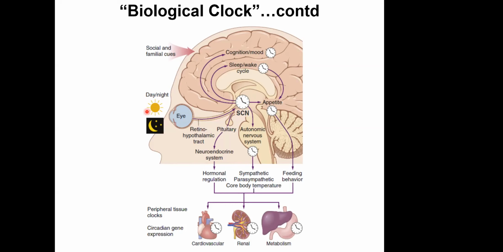So, as you can imagine, the rhythm that it then controls, whether it's the sleep-wake cycle, mood, appetite, or various ANS related functions, various neuroendocrine related functions, and the feeding behavior.